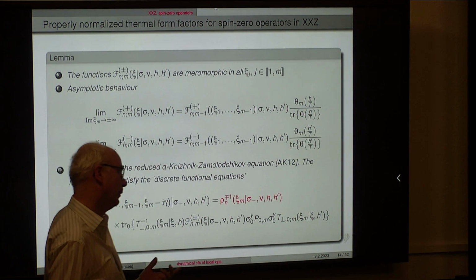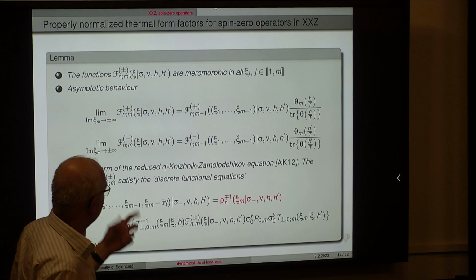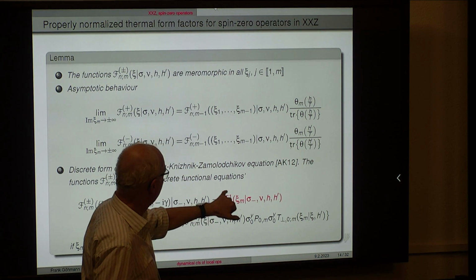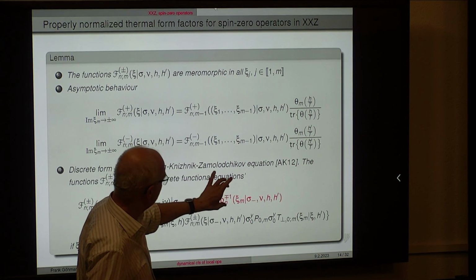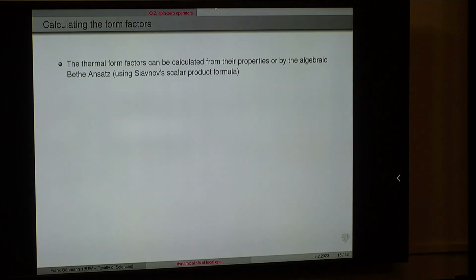Maybe when there is a twist, it should not be 1. But anyway, even if H equals H prime, as soon as you have excited states, this is where the information of the excited state is. There's the eigenvalue ratio.